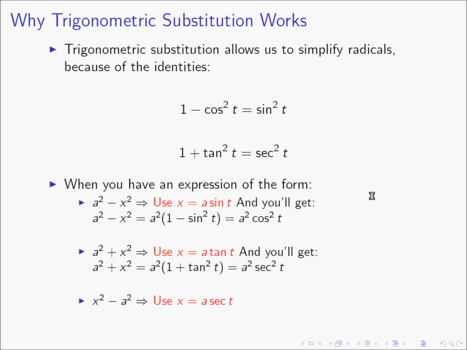When you have a difference like this, you use x equals a secant of t, and you use this identity, but here you get a squared secant squared of t minus a squared, and using again this identity, that equals a squared tangent squared of t.